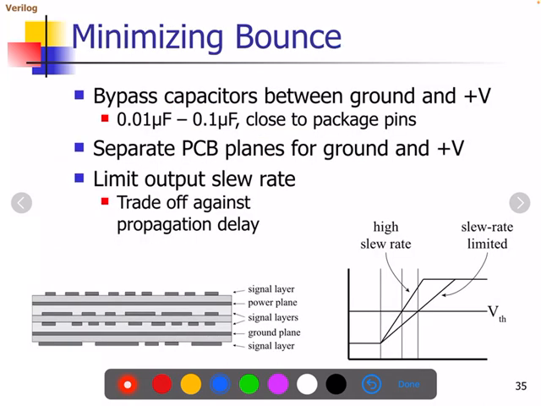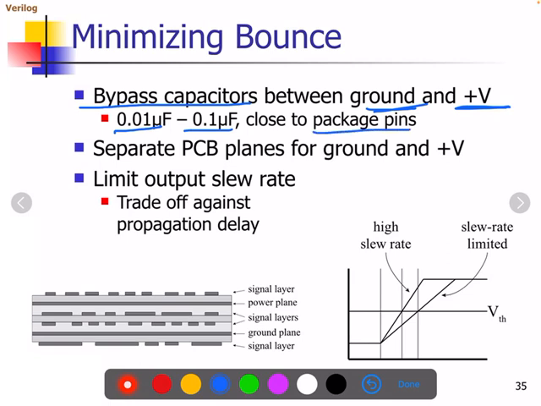So how do we minimize the bounce? We need to use bypass capacitors closer to the PCB trace. Bypass capacitors have to be used between the ground and the positive volts supply, of around 0.01 microfarad to 0.1 microfarad, close to the packaging pins.